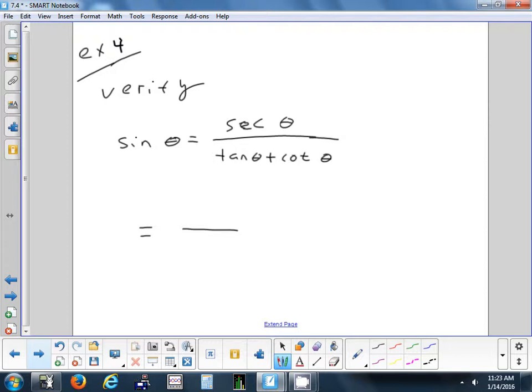So in the top, what do we get? 1 over cosine. And in the bottom? Sine over cosine plus cosine over sine.